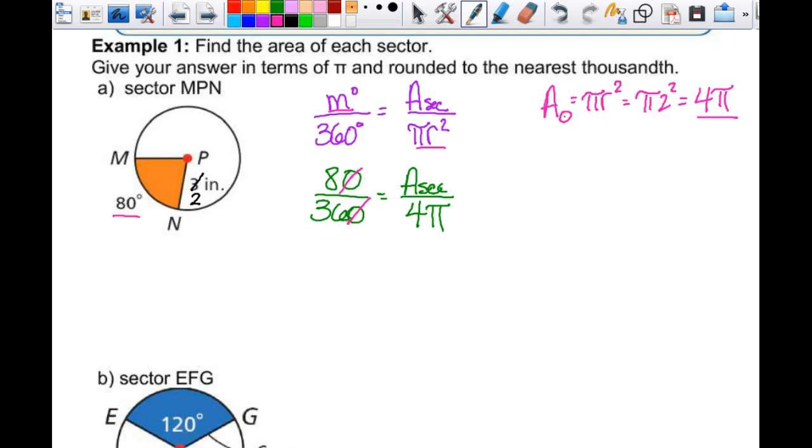Remember, it's not any magic crossing out thing, because if they were both 5s, could I knock out the 5s? No. Technically, what we're doing is dividing both by 10. And if there were 2 zeros at the end of both, I could do that. You're not always going to be able to knock out zeros, but I could here. Even though I could reduce that left-hand fraction more, I'm not going to. Because if I cross multiply right now, I can say that the area of the sector is equal to 8 times 4 pi divided by 36.